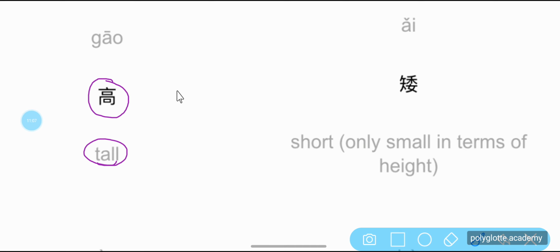Building is too tall. 楼太高了. So we have 高, which is tall, and 矮, which is short, only small in terms of height. So 高 means to be tall, and 矮 means to be short.